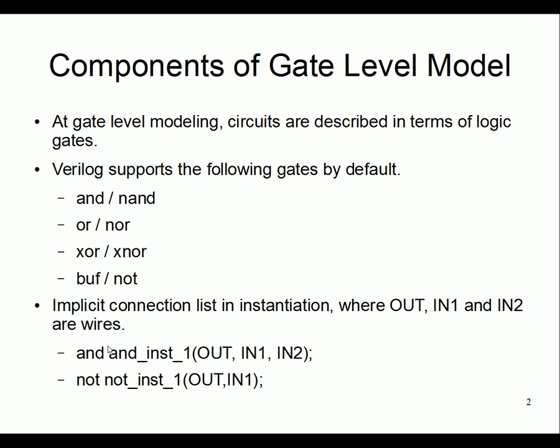So in this example, if you recall, in the behavioral model we also had the idea of defining a module, instantiating it, and connecting using the ports. We did something like dot data, and then within round braces we put the wire name to be connected to that specific port defined by the dot name.